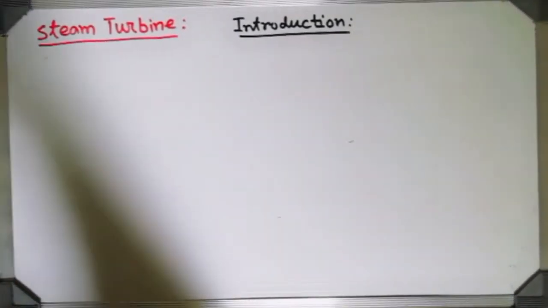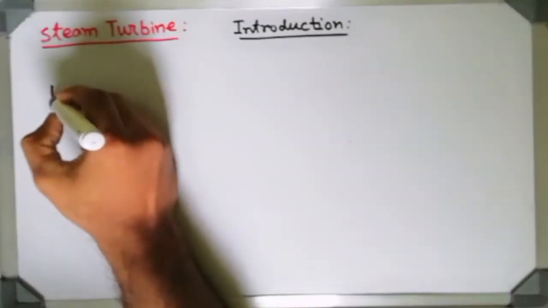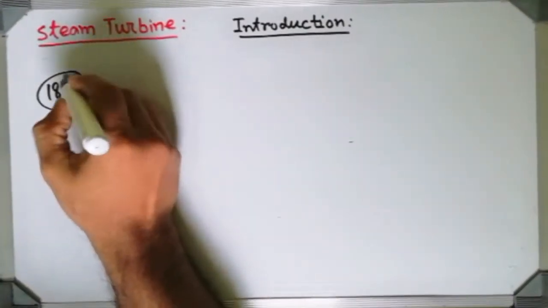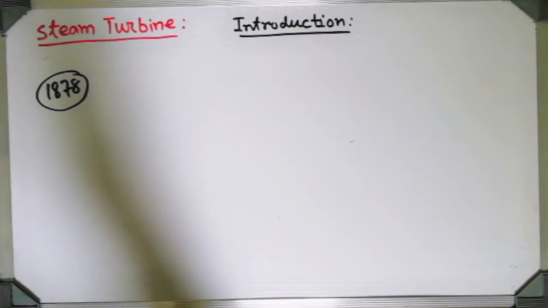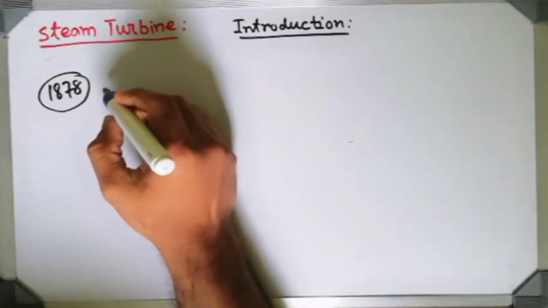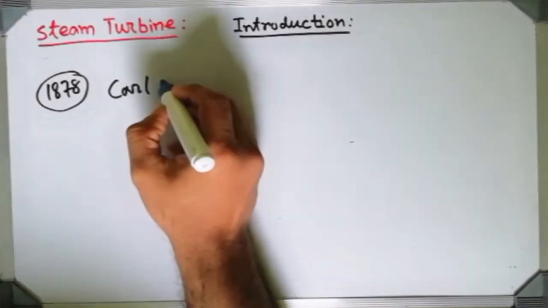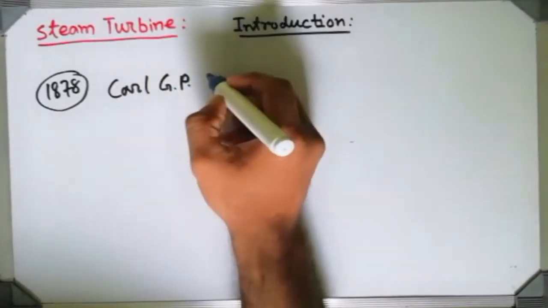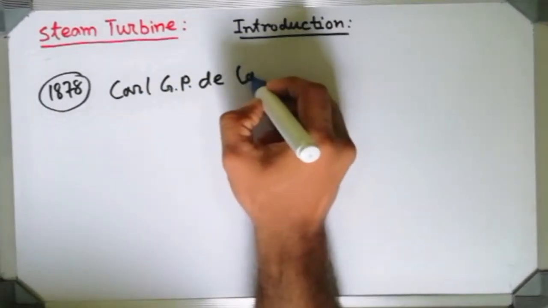So, the steam turbine is a very ancient device. It was not invented recently. In the year 1878 it was discovered. 1878. And the name of the scientist was Carl G.P.D. Lowell.